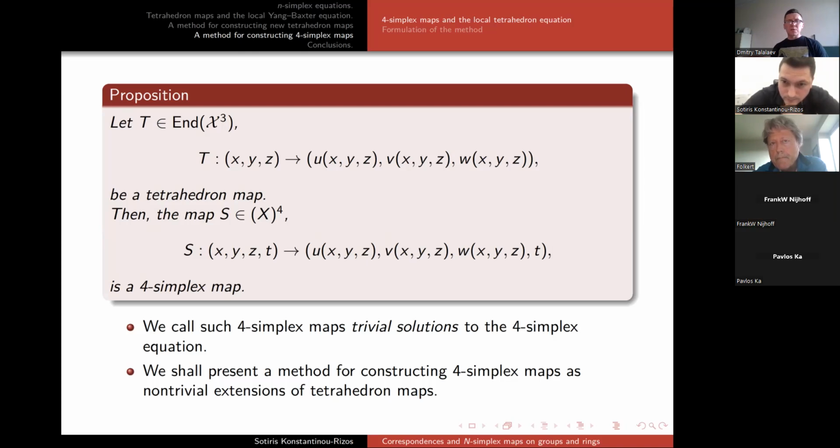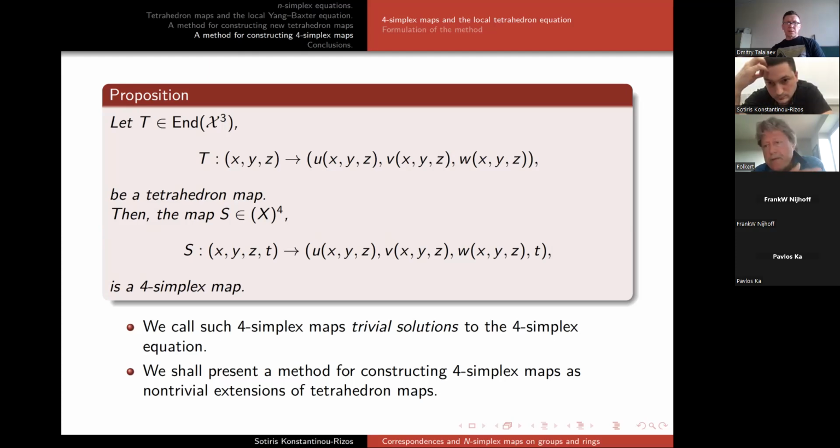Well, but should we expect that the solution for the local problem, for example for the 4-simplex equation, is factorized in the form where the factors serve for the local version of the pentagon equation? Yeah.